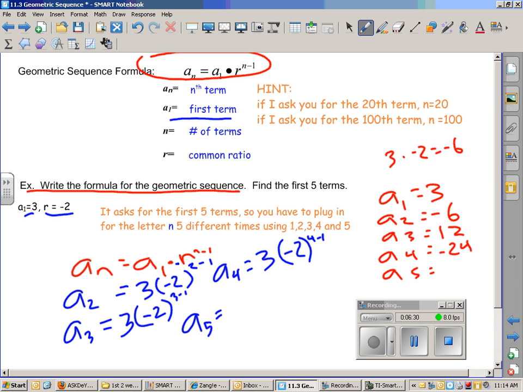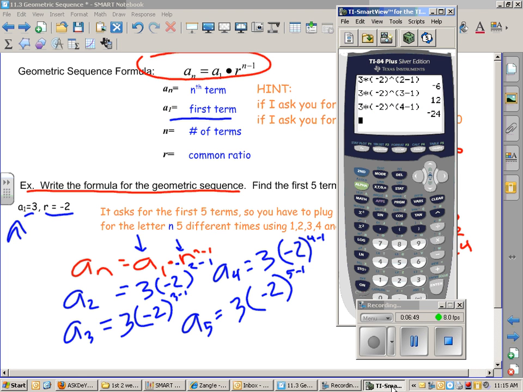One last time. We need to plug in a sub 1, which they already told us was 3. Then we need to plug in our common ratio, which they told us was negative 2. And we need to plug in n. Well, if this is 5, then I'm doing 5 minus 1. So again, on your calculator, 3 times parentheses negative 2 is our ratio to what power?